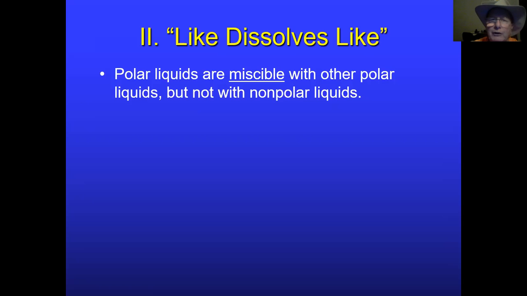All right, now let's look at a like and an unlike. I have a polar solvent. I have a non-polar liquid, okay? These guys are attracted to one another because they have dispersion. These guys have dipole-dipole and dispersion. So in order to get this to dissolve in this, I have to break up the dipole-dipole and dispersion of my polar molecule.